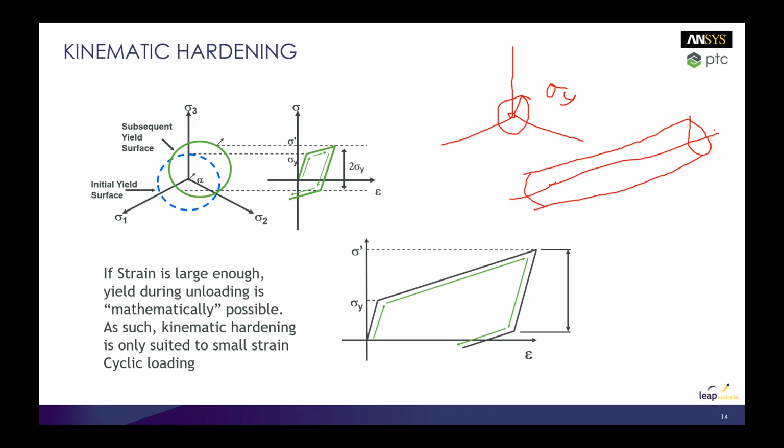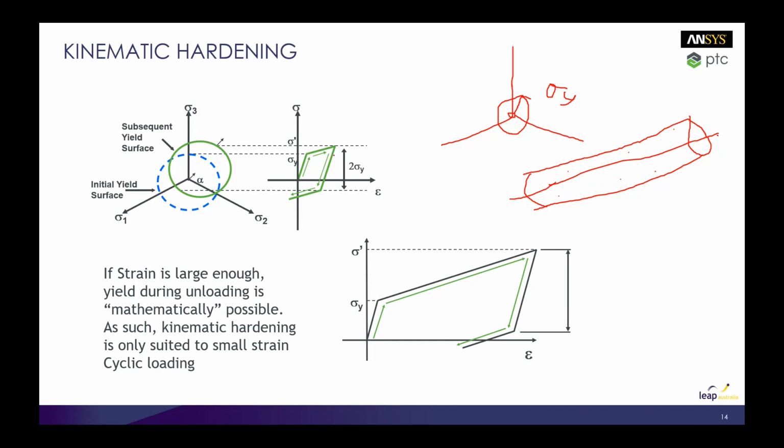so this is basically the 1, 1, 1 vector in sigma 1, sigma 2, sigma 3. Your stress state can exist anywhere on this cylinder, depending on the ratios of your sigma 1, sigma 2, sigma 3. With kinematic hardening, the diameter of this circle stays the same.